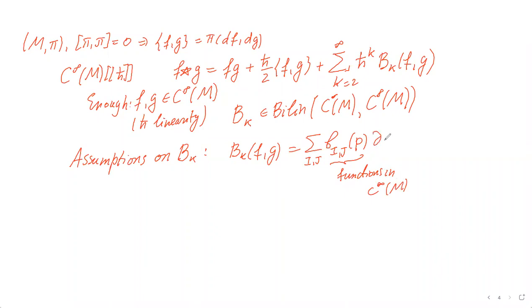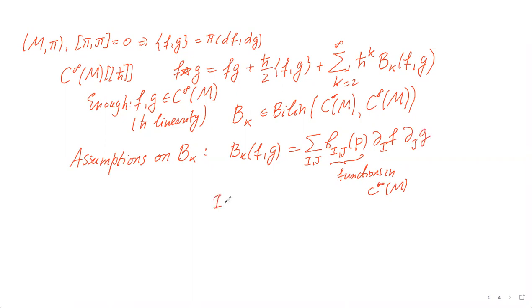But then we should take some partial derivation corresponding to the index I and apply it to f, and multiply it by partial derivation with index J applied to g.